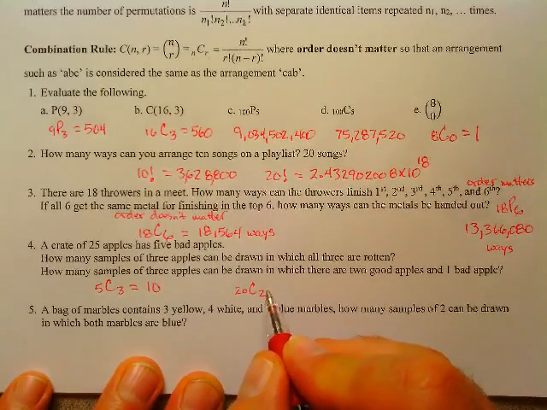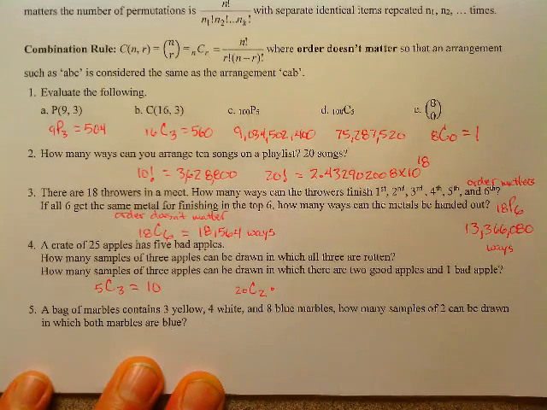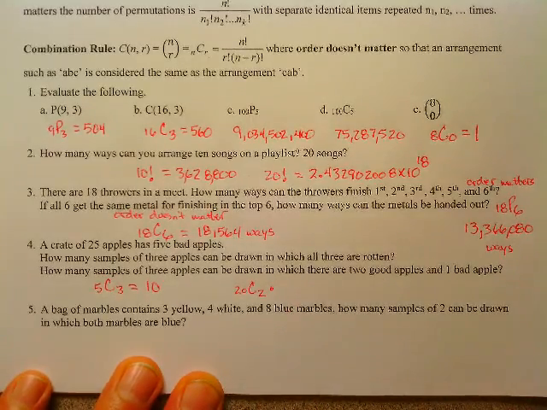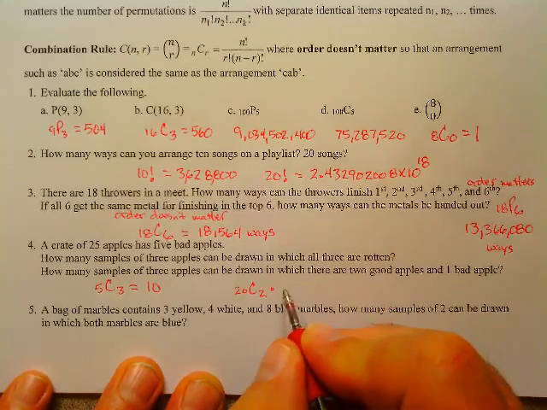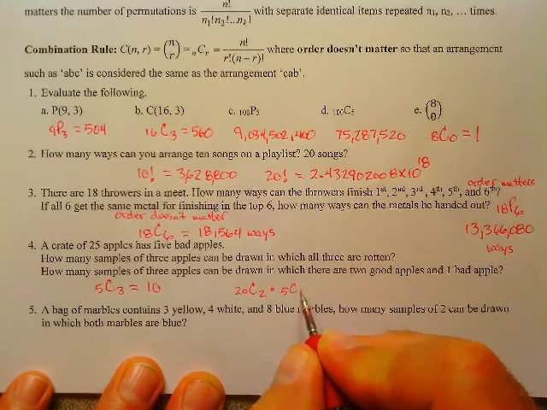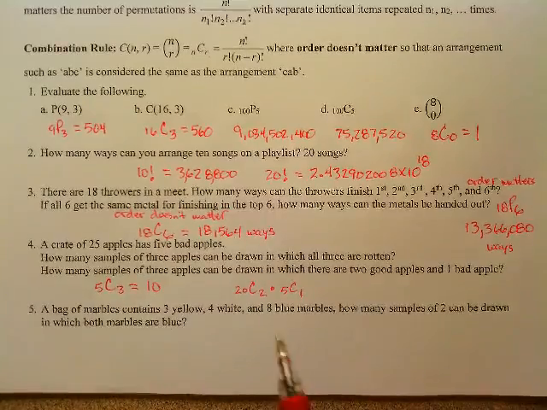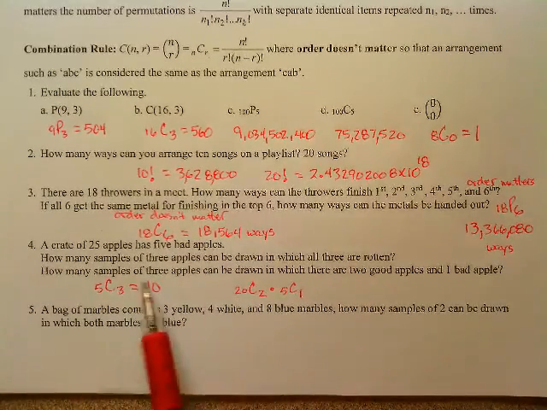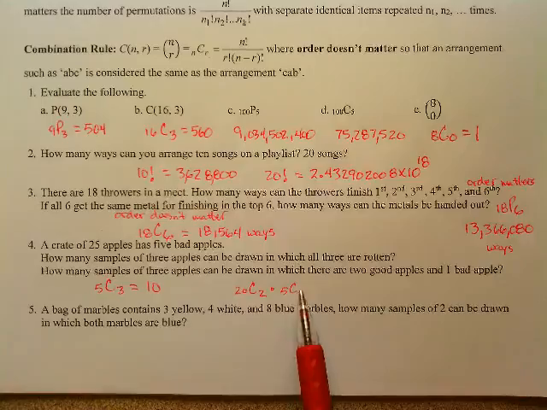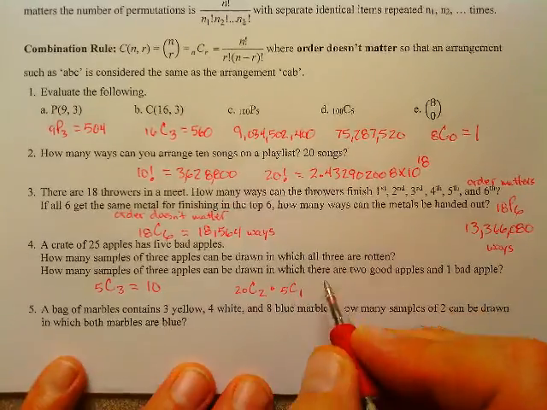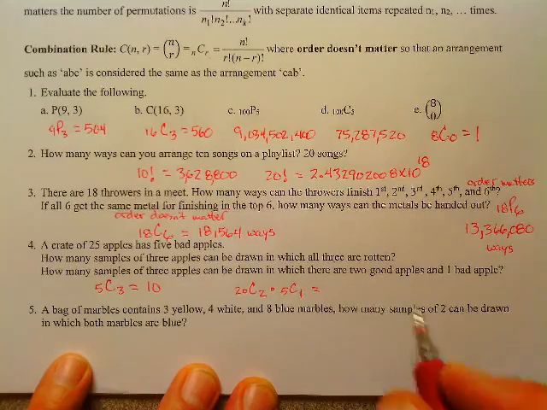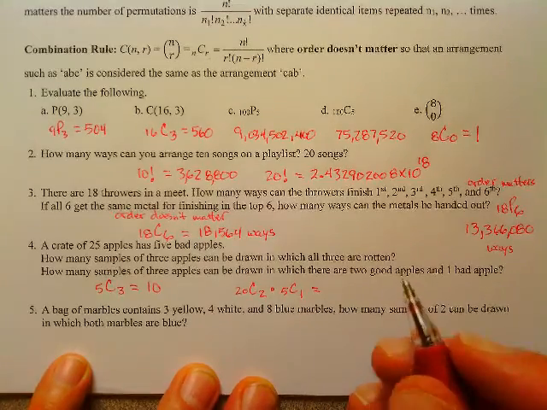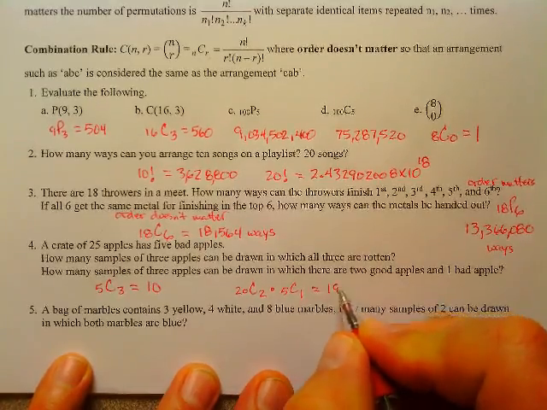Then, for that 3rd apple, which could be picked first or second or third, there are 5 bad apples, and we only want to pick 1. So we have 2 situations. Of my 3 apples, 2 will be good, 1 will be bad. Well, the 20C2, because we have 20 different good apples to pick from, we want to pick 2 of them. There's 190 ways to do that.